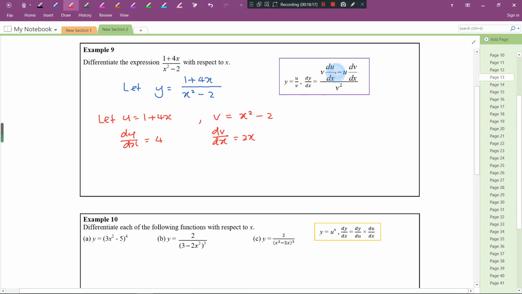Now you have all the things that we need here. You can start to plug into this formula.